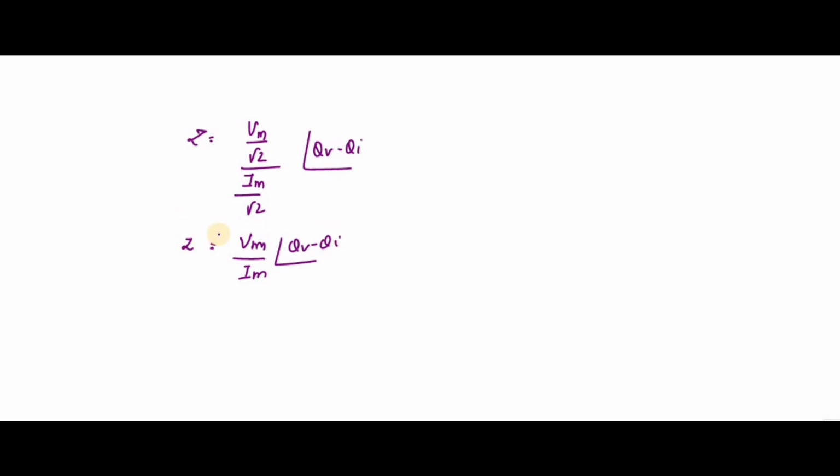So if you see Vm by Im, suppose the Z value is positive, then I can write Vm is equal to Z times Im, right? Now consider if Z value is negative.